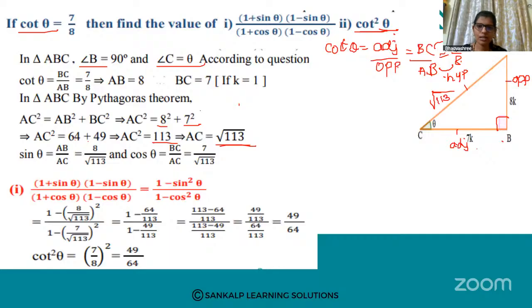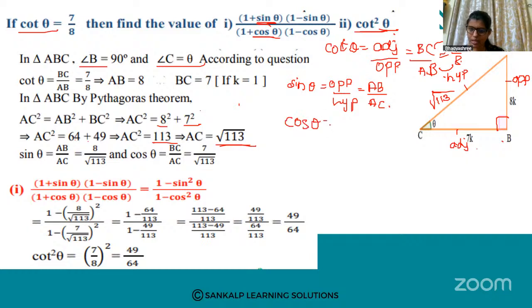Now, what do we want? Sin theta. They have asked 1 plus sin theta, so first we need to find sin theta. What is sin theta? Opposite side divided by hypotenuse, right? Opposite side is AB. AB divided by AC. AB value is 8, AC value is root 113. Next, here it is cos theta, so we need to write cos theta also.